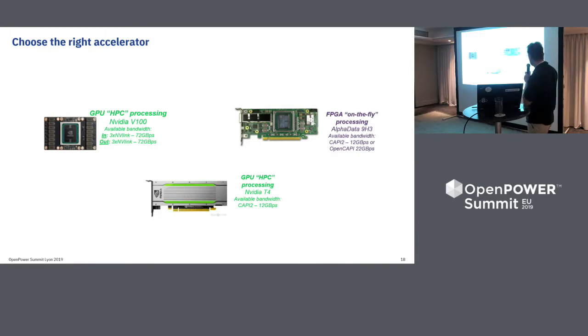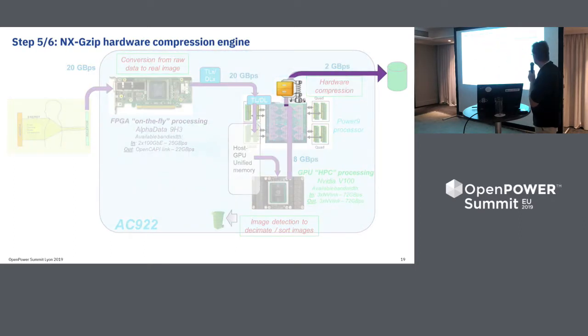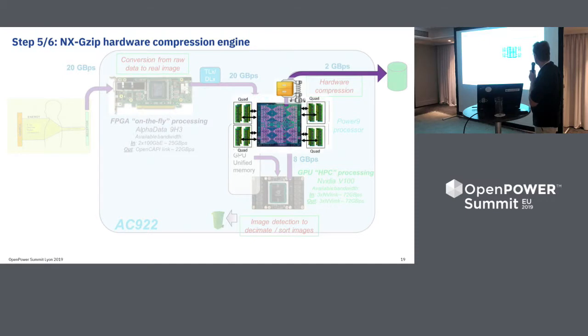For the computation acceleration, we can choose whether we want to concentrate on an NVIDIA using an AC922 machine, concentrate on T4 NVIDIA PCI Express attached on the coming machine that IBM will have in the portfolio, and also we can choose to process, let's say, muscles operations into an FPGA. So the last section that we will concentrate on is the compression.